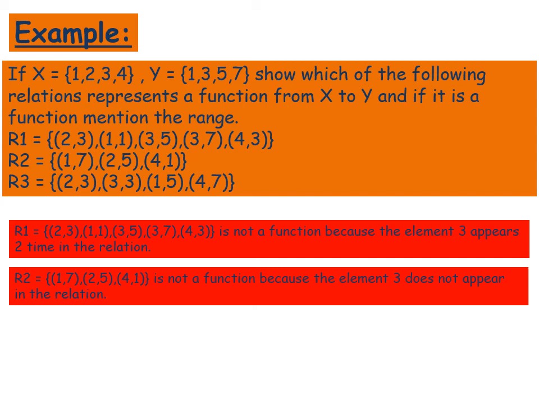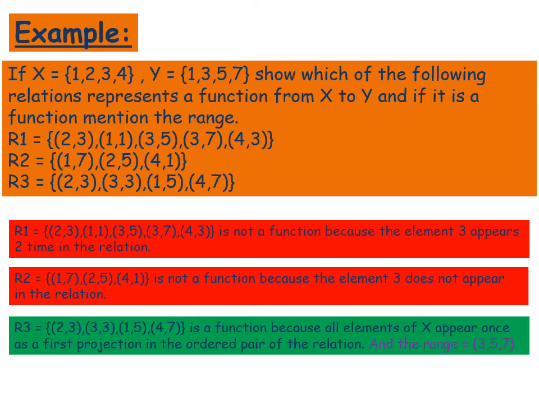What about the third relation? (2,3), (3,3), (1,5), (4,7). Definitely it's a function because every element in x appears once and only once as a first projection in the ordered pairs of the relation.